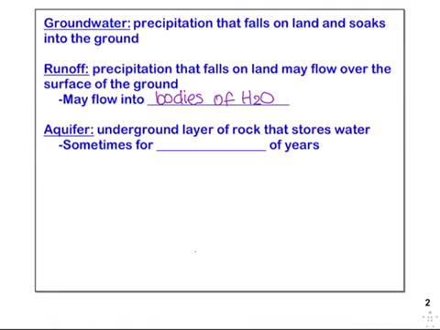Aquifers then are underground layers of rocks that store water. Sometimes this can happen for thousands of years. So any time you turn on the faucet, you get water without even thinking about it, right? It just happens, which is great and super convenient for us. But how does that water get to you in the first place?